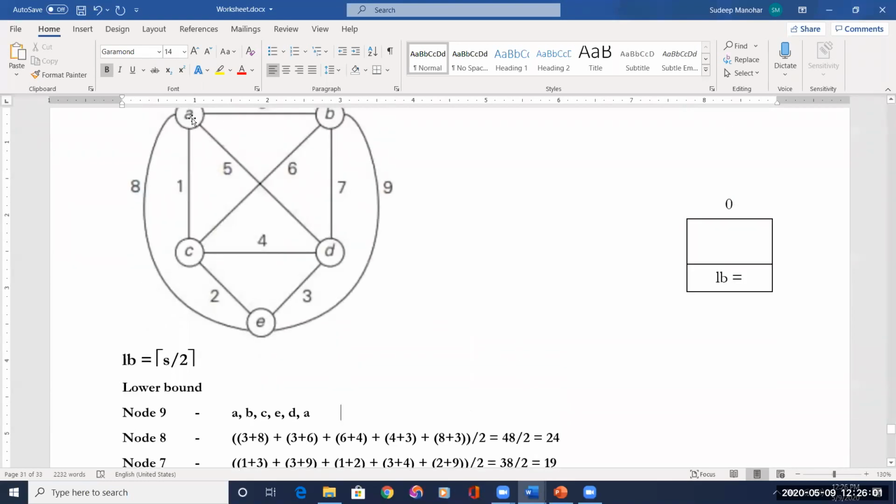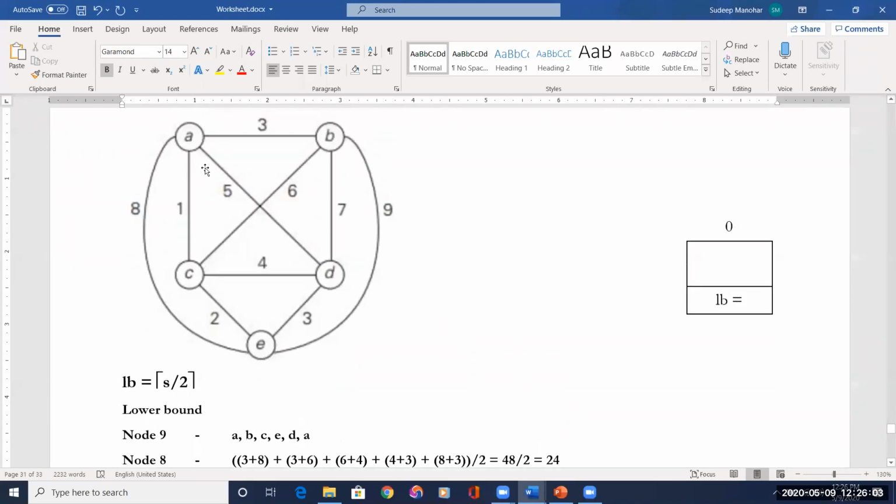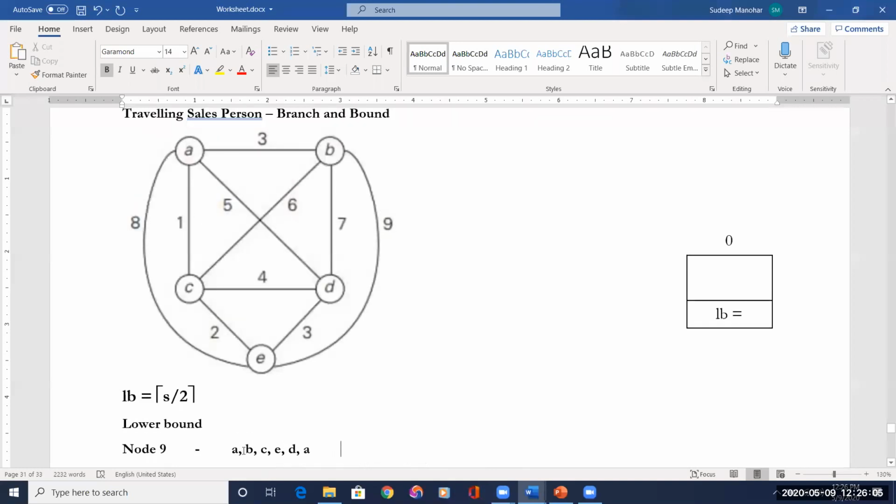Now for A, see this. The path is from A to B. Which are the edges adjacent to A? We have to consider A to B because there is an edge from A to B, and we have to consider D to A. DA you have to consider.